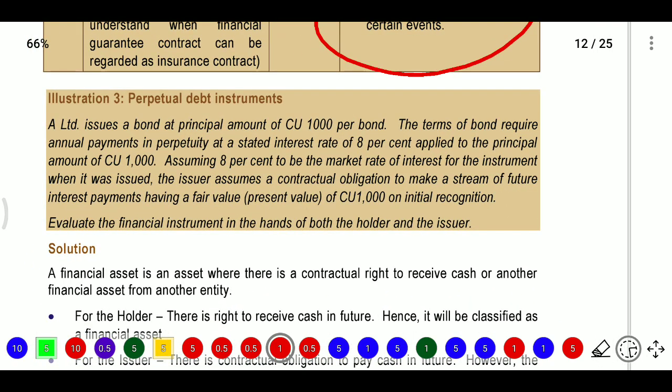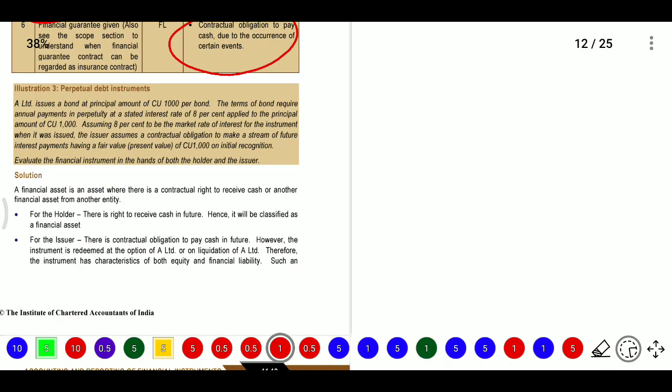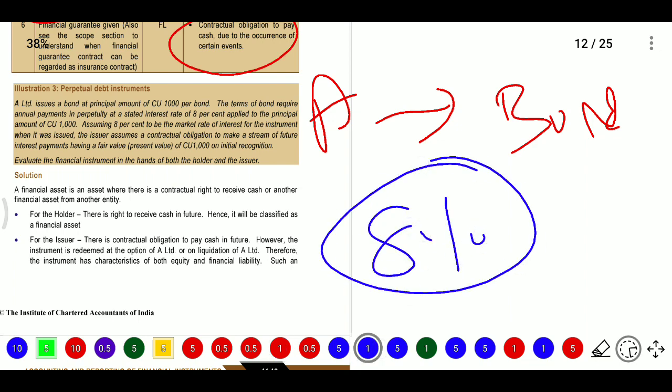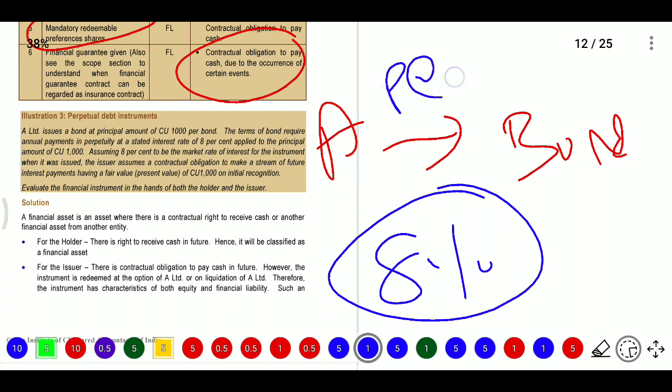For this they provided an example. A company has issued some bonds, and the terms of the bonds require annual payments in perpetuity at a stated coupon, so 8% they are paying as interest. It is perpetual, meaning it does not have a maturity at a certain period, and the company decides whether to pay the maturity amount or not.